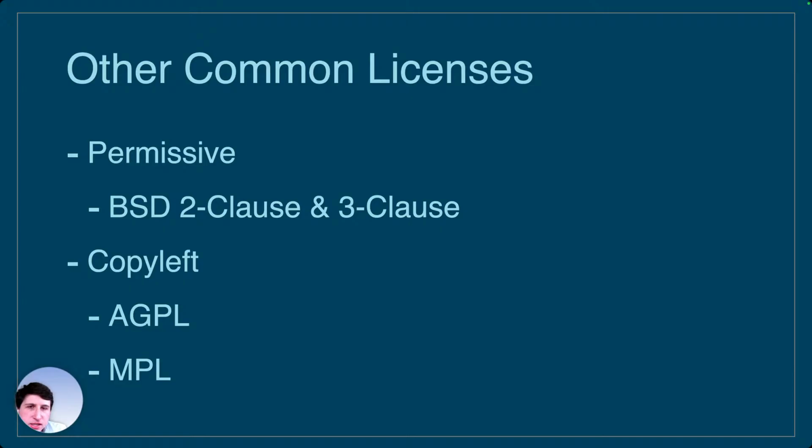So we talked about some of the biggest licenses: the MIT, Apache, GPL, LGPL. Here are some other ones you may hear about. BSD 2-clause and 3-clause licenses are very, very similar to the MIT license. The AGPL, which I mentioned briefly earlier, includes provisions that say the source code has to also be released for server-side software that makes modifications to an original AGPL-licensed project.